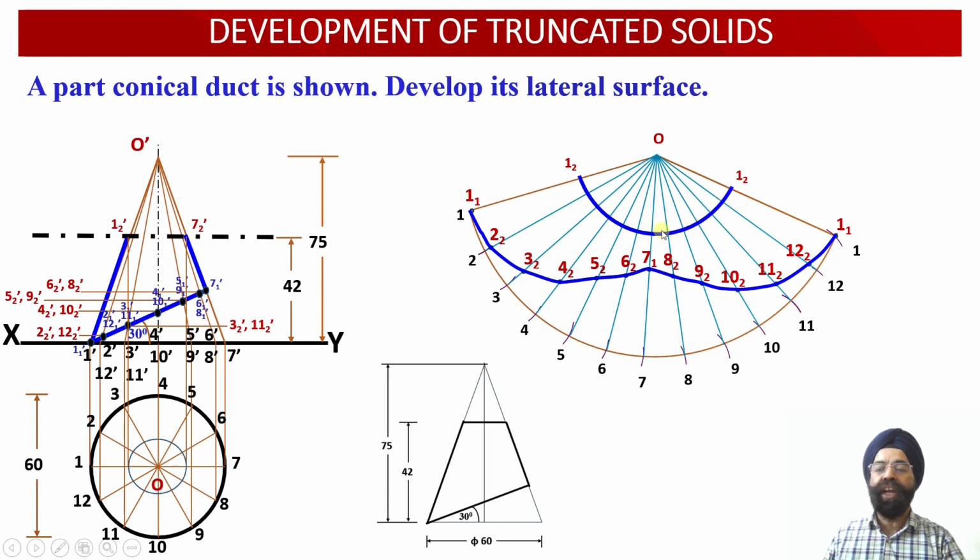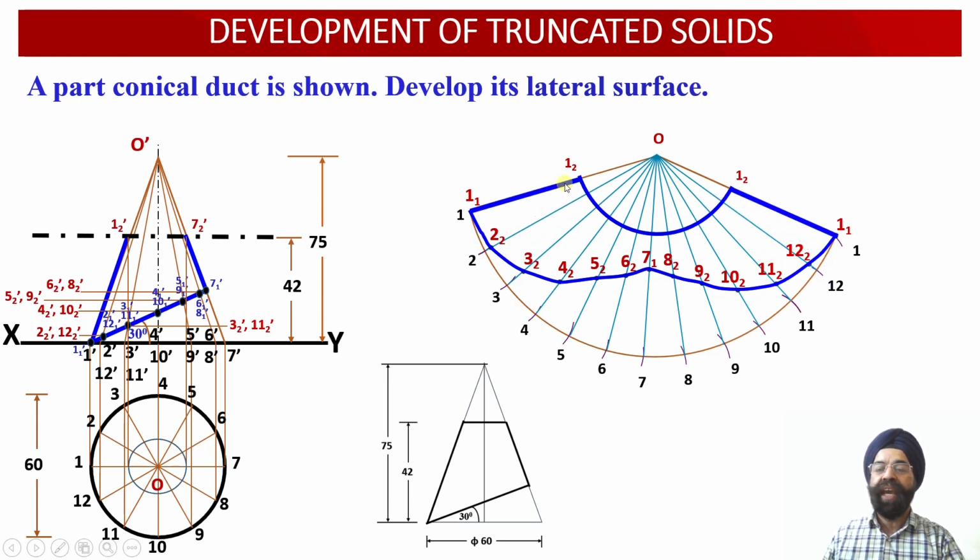Because corresponding to all the 12 points of intersection, the radius will remain the same, because this is the true length O dash 1 2 dash, and this is also the true length O dash 7 2 dash. They happen to be equal. The remaining intermediate 10 points will be shifted either on the left side or the right side. So the radius will remain the same for all the 12 points over here. So this way, this happens to be the development corresponding to the frustum of the cone.